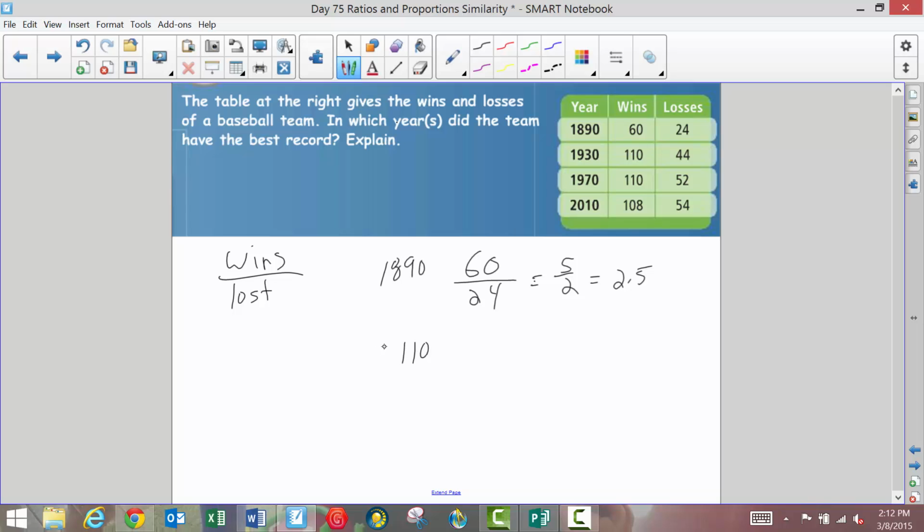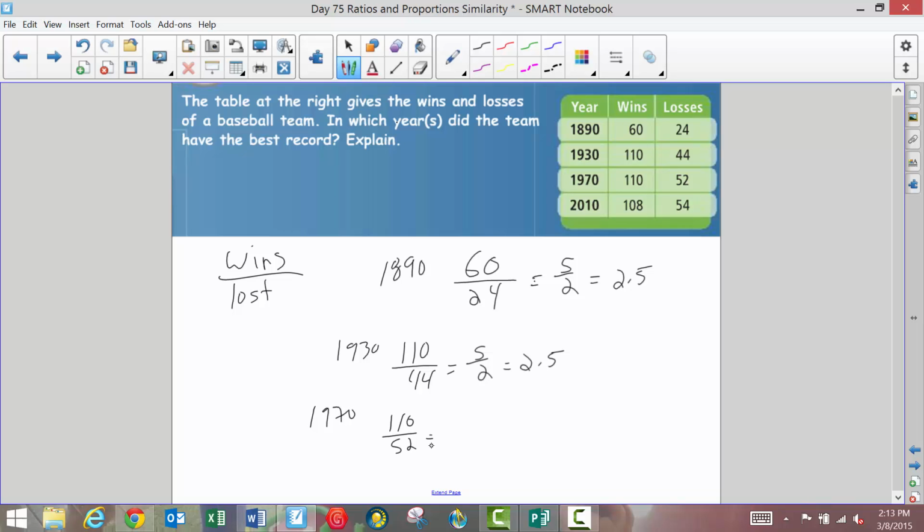So I have 110, this is 1930, compared to 44. If I do 110 over 44, I also get 5/2, which is 2.5. For 1970, I have 110 over 52.